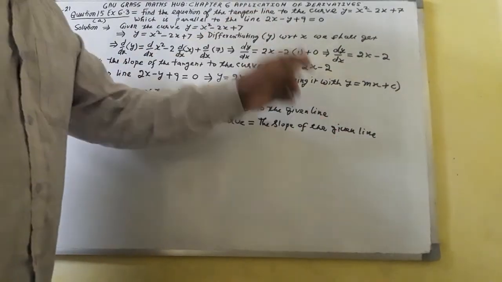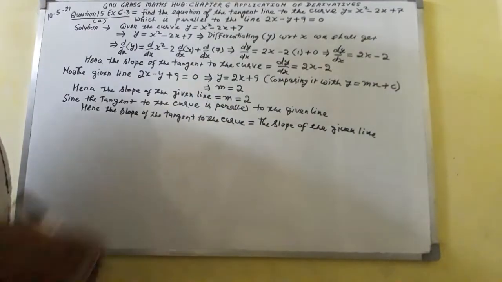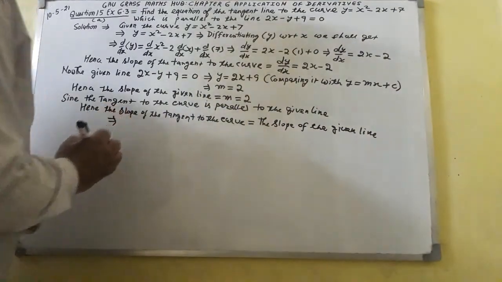The given line is this one. The slopes of the tangent and the given line will be equal.